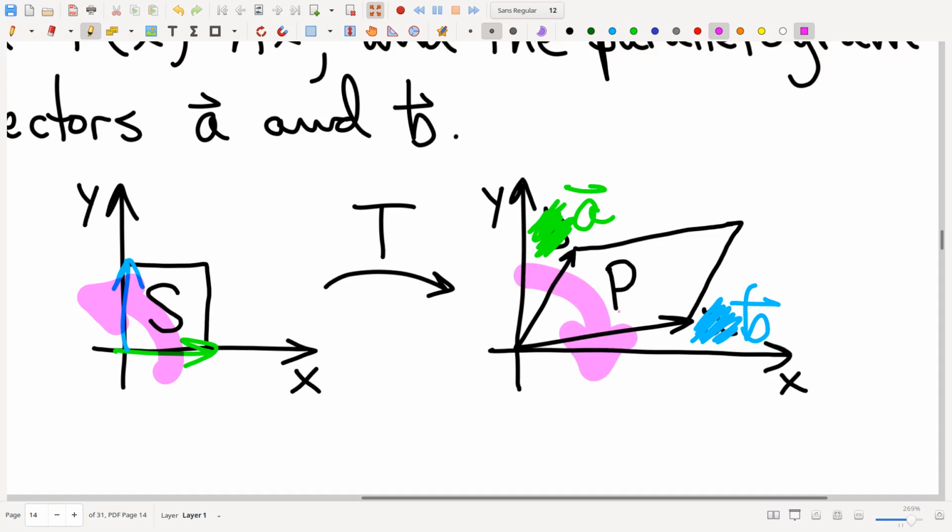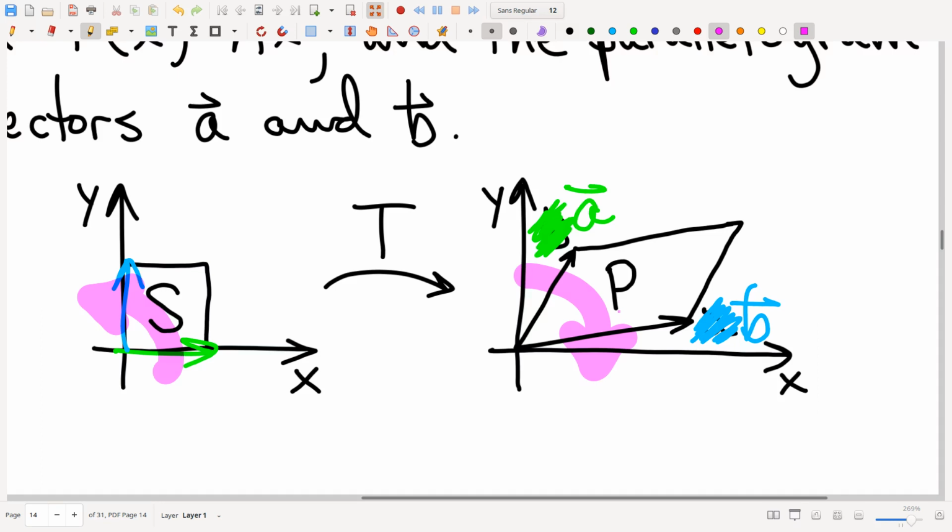What does that tell us about this linear transformation? I claim no matter how much you stretch, no matter how much you rotate, no matter how much you shear, you're never going to make this happen without a reflection. You've got to flip it. Does that make sense?